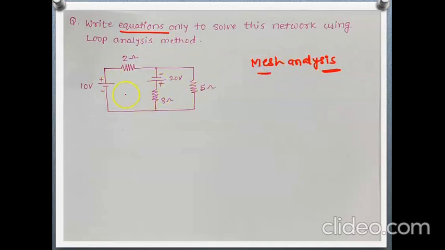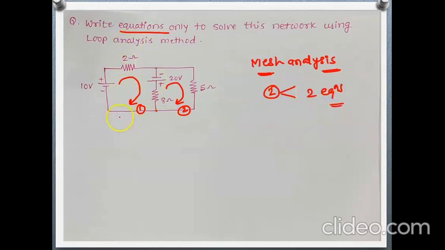So what are the meshes involved here? This is the first mesh and this is the second mesh. A mesh is the smallest closed path in the circuit. Here two meshes are there, so we will get two equations to solve.